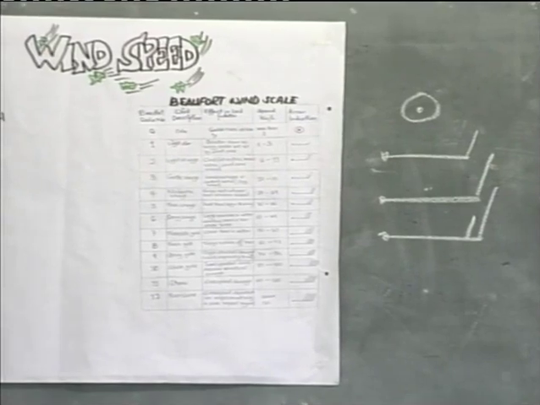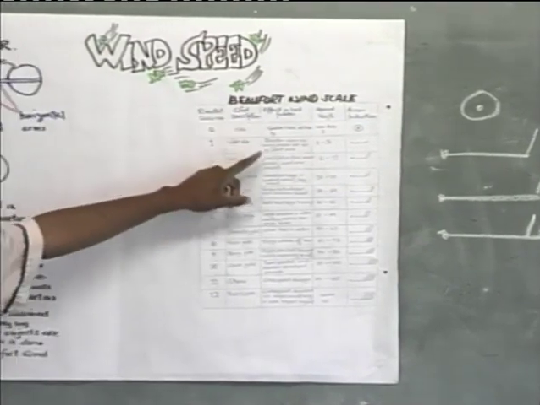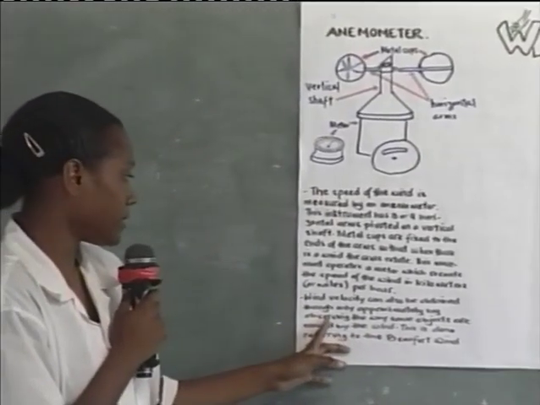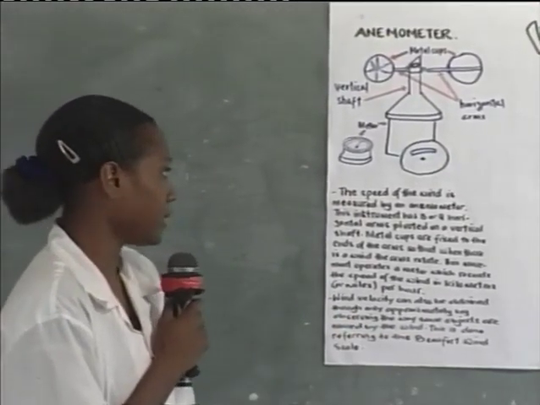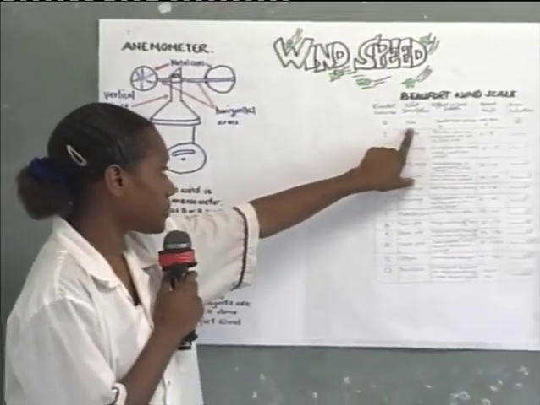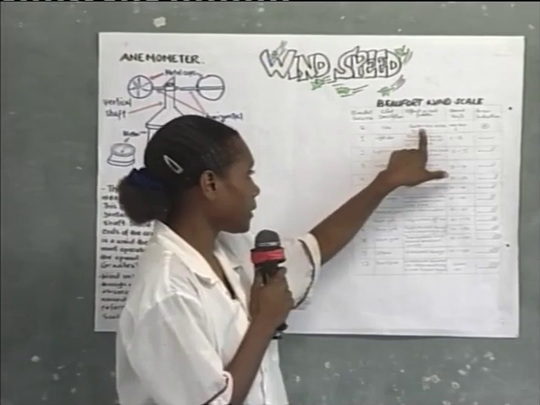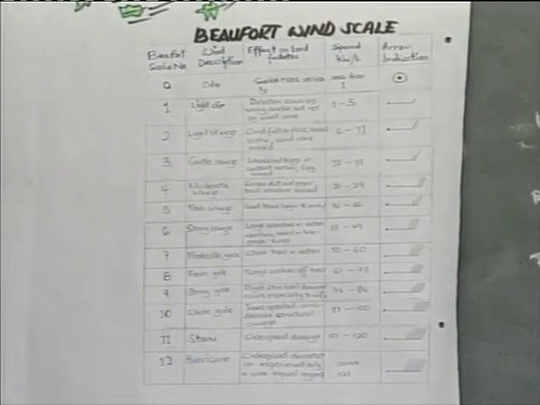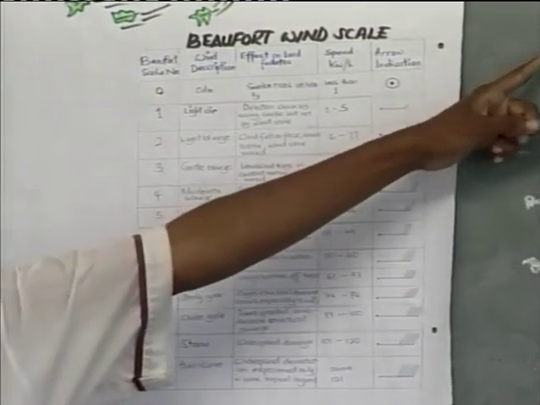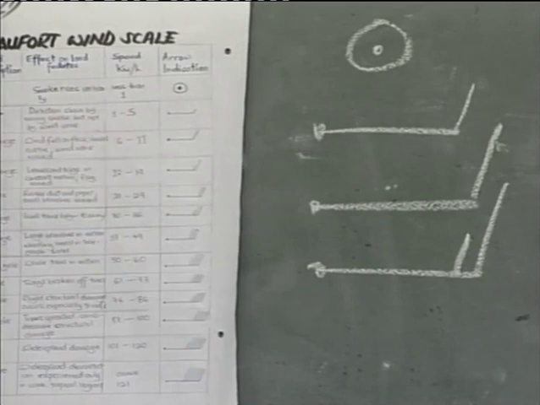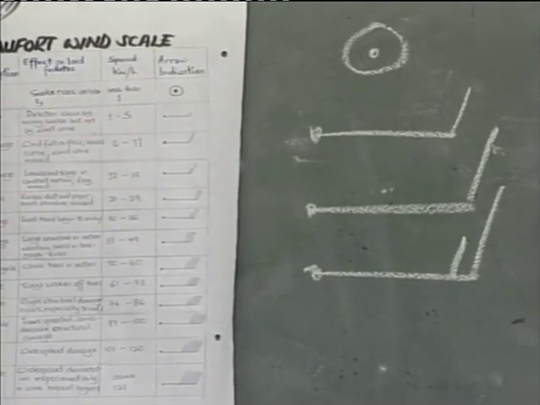I'll just talk further about the Beaufort wind scale by observing the ways some objects are moved by the wind. At 0, the wind description is calm. The effect on land features: the smoke rises vertically. The speed is less than 1 kilometer per hour, and the arrow indication is a circle with a dot at the center.